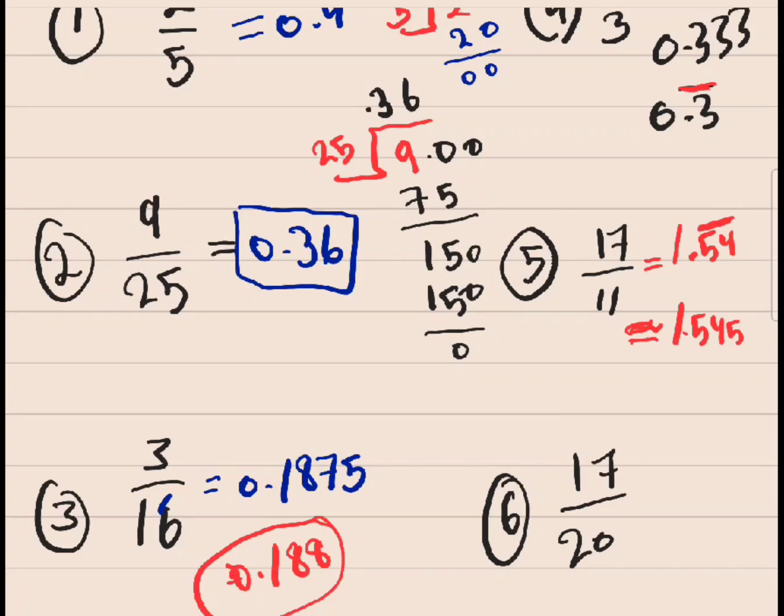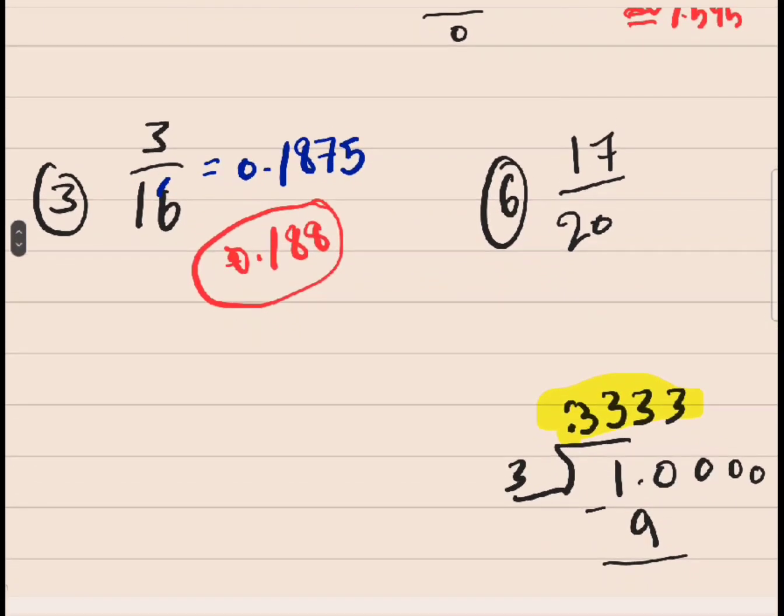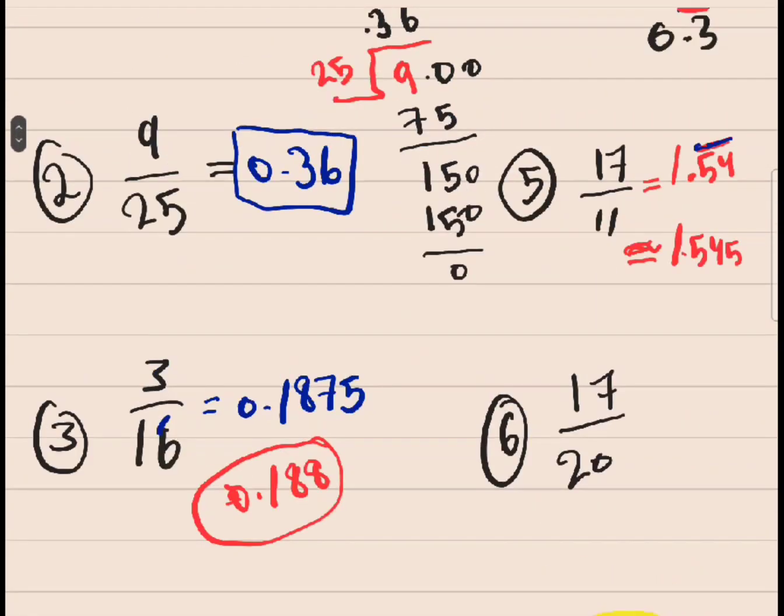I forgot to circle my answers for number 4 there. Just noticed that. Or we can use the bar method, so 1 and a 54 repeats, so we can put our bar above the 54 to show that that will continually repeat.